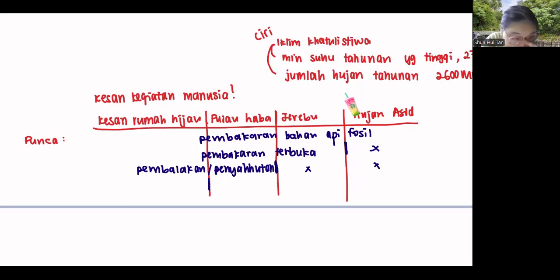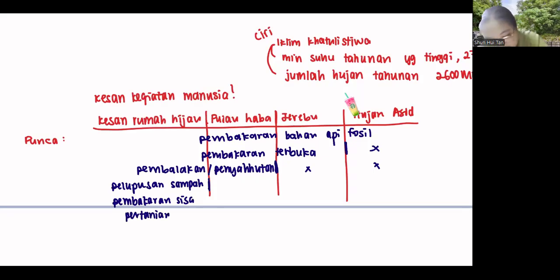Now, for kesan rumah hijau, there's another thing. Right? Pelupusan sampah. And then pembakaran sisa pertanian.